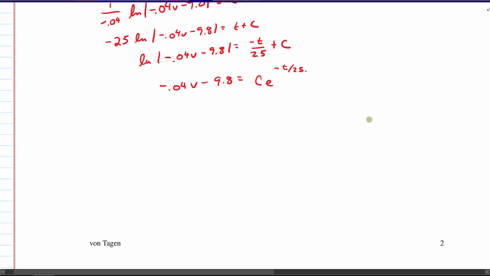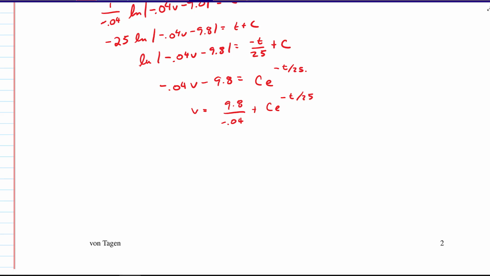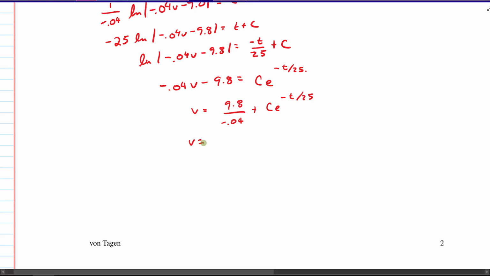And finishing out to solve for v, I get v is equal to 9.8 divided by negative 0.04 plus c e to the negative t over 25, or that v is equal to negative 245 plus c e to the negative t over 25.